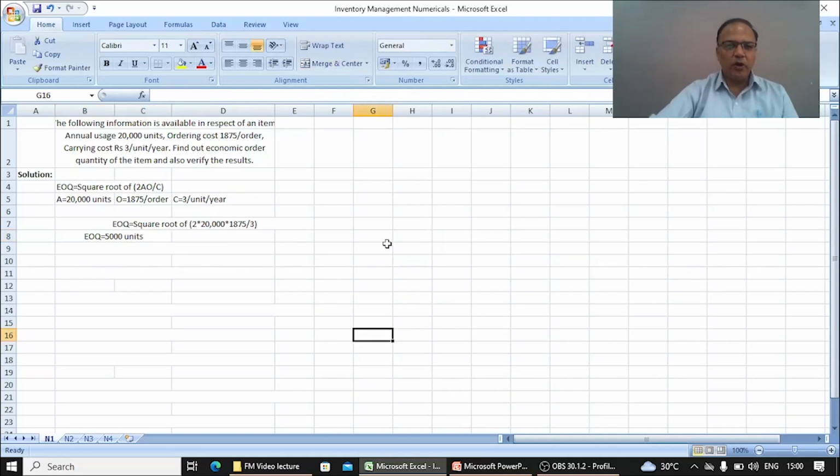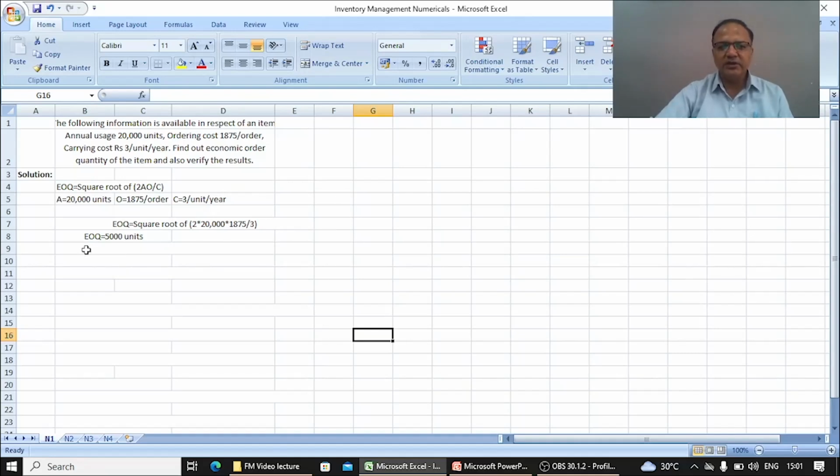Find out the economic order quantity of the item. Now here in this question you have to find out the economic order quantity first, and after that you have to verify the result.